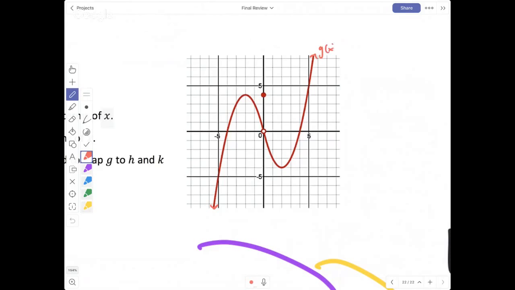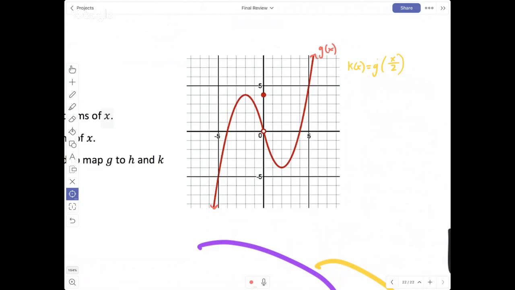This is g of x. And we're supposed to graph, and I'm going to do it in yellow again, k of x, which is equal to g of x over 2.